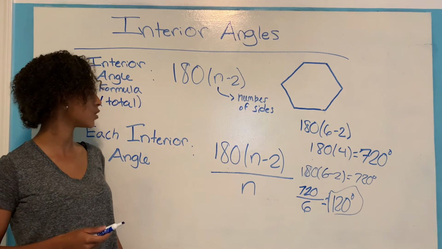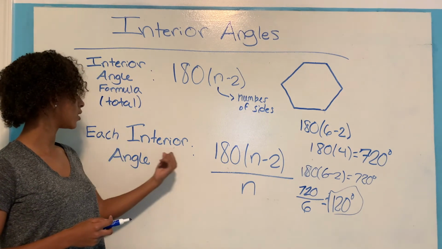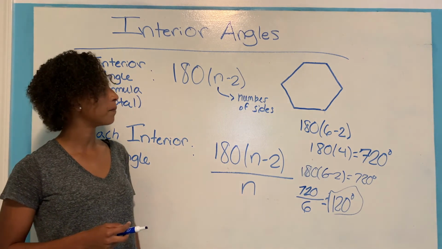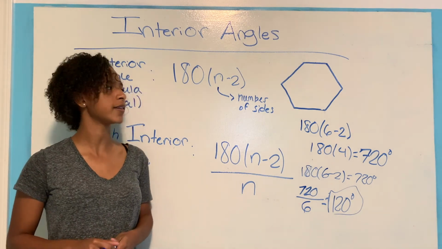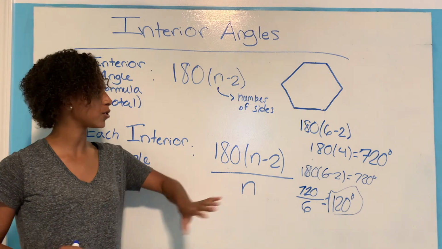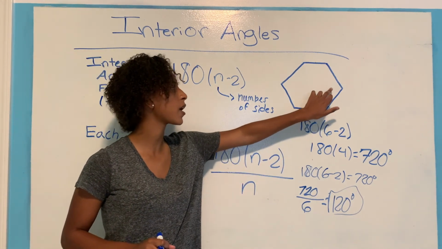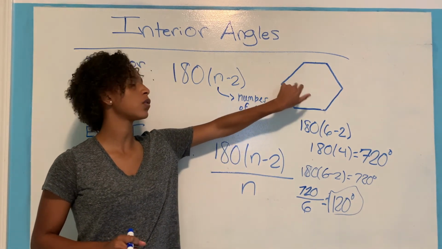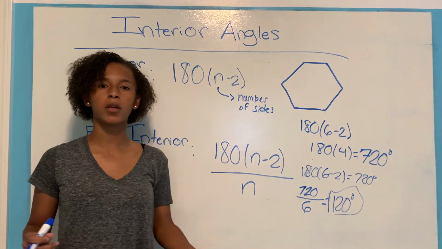And this formula is to figure out what each interior angle is equal to, the number of degrees in each interior angle. All right, and yes, in case I didn't mention it before, these are the interior angles, aka all of the angles inside of the polygon.